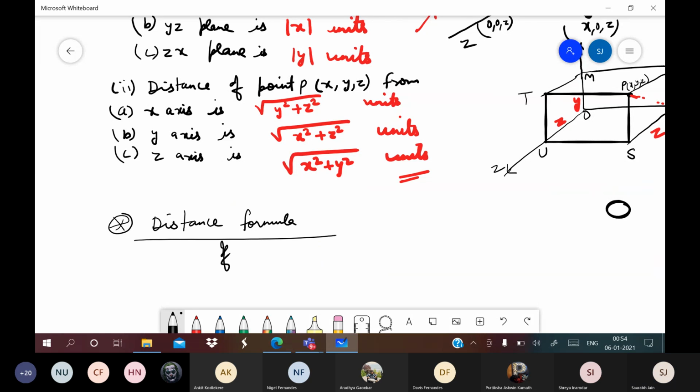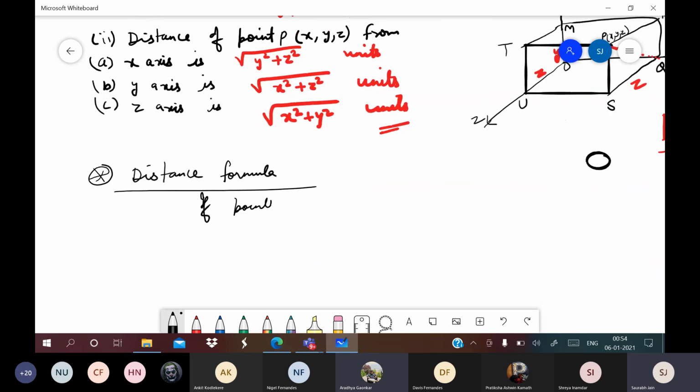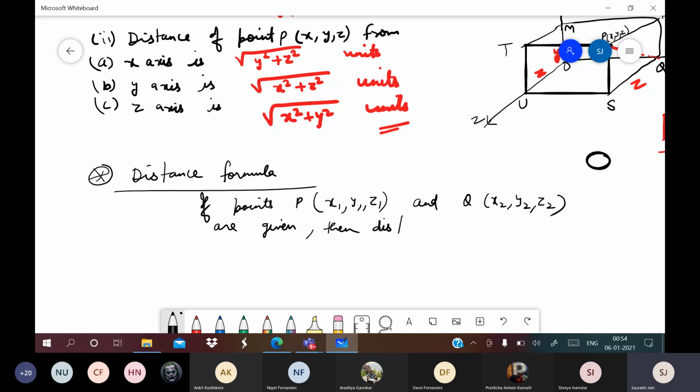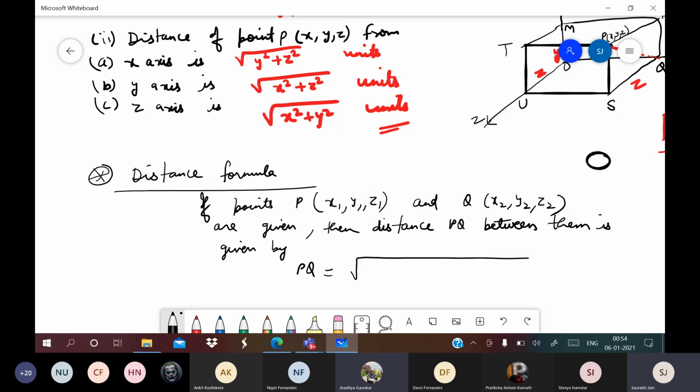If points P (x1, y1, z1) and Q (x2, y2, z2) are given, then the distance PQ between them is given by PQ equals, see the formula is similar to the formula that you have studied in class 10th, just Z will be coming.